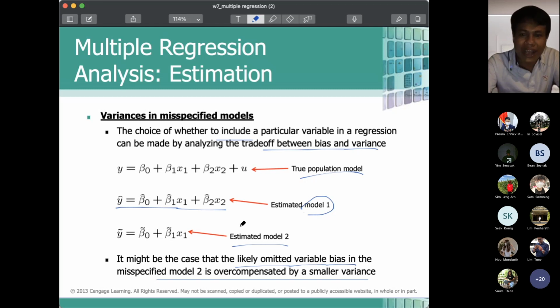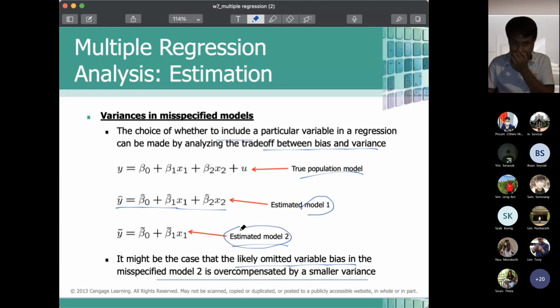If you estimate your model using model 2, you obtain a biased estimate but small variance. Following me? For model 1, you get an unbiased estimate but large variance. For estimated model 2, you obtain a biased estimate but low variance. Which one do you choose? Model 1 or model 2?